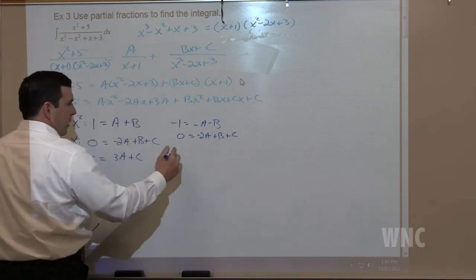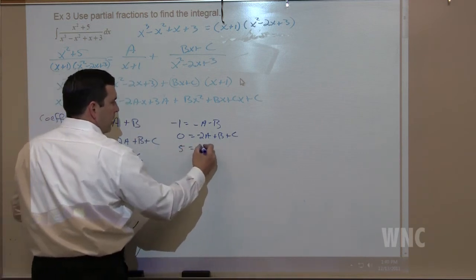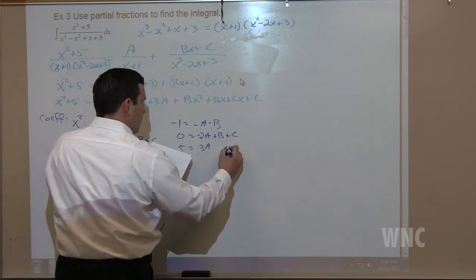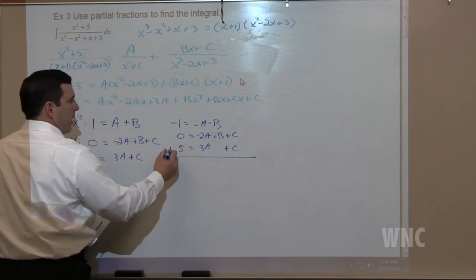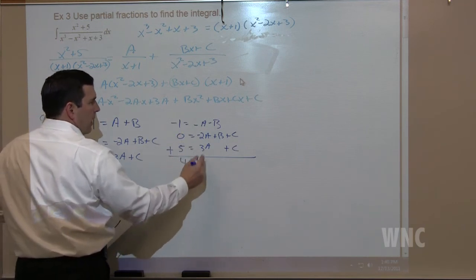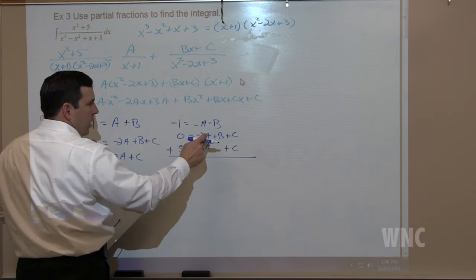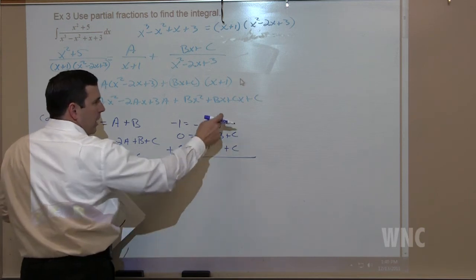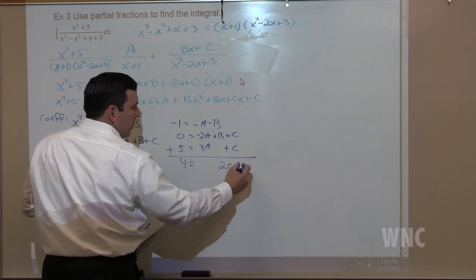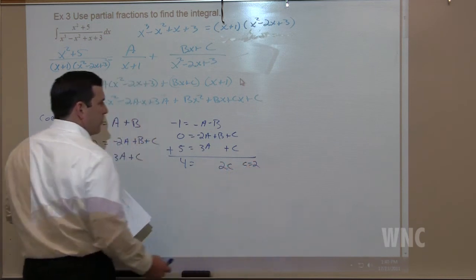And then bring in this last row, 5 equals 3a plus c. What happens if I add all these together? Negative 1 plus 0 plus 5 is 4. Negative a plus negative 2a plus positive 3a is nothing. Negative b plus b is nothing. c plus c is 2c. So c must be 2.